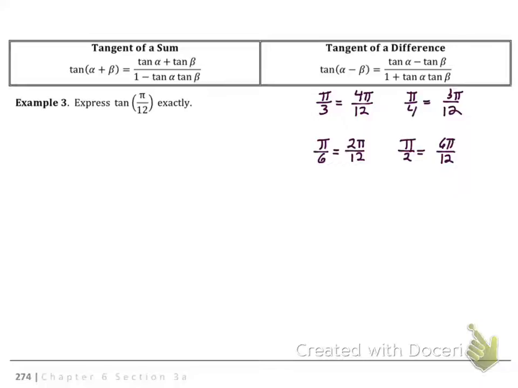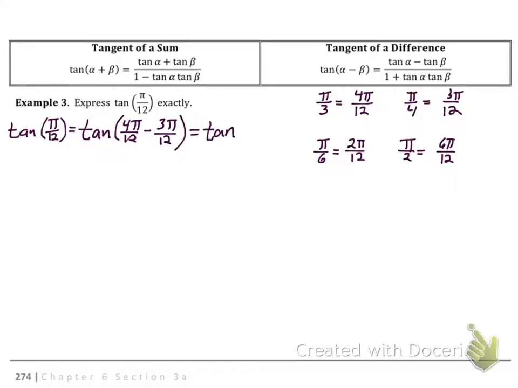So we are going to rewrite tangent, let's write out the whole thing. Tangent of pi over 12 just equals tangent of 4 pi over 12 minus 3 pi over 12, but it's going to be much easier to write in terms of the unit circle.